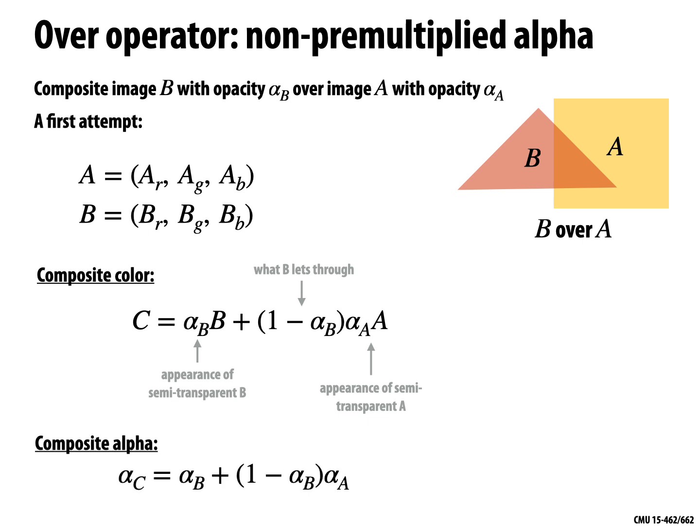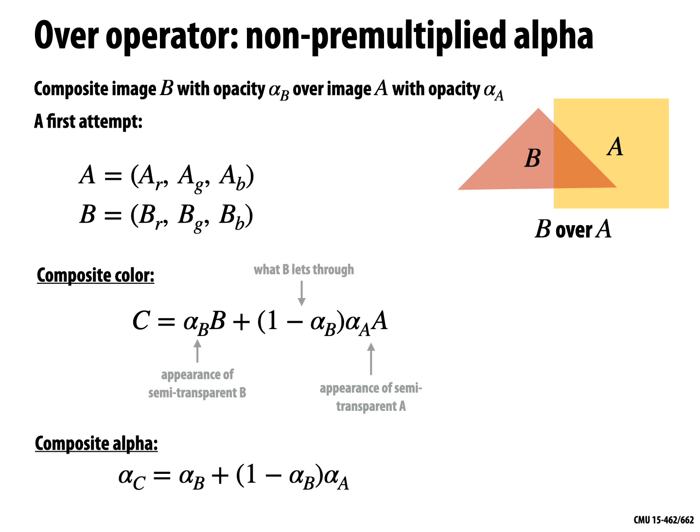So we'll just say that the new alpha value is however much of B we had plus however much of A B lets through times however much of A we had. Okay, that's one option. And we'll see in a minute that this actually results in some kind of fringing artifacts, some things we don't like.